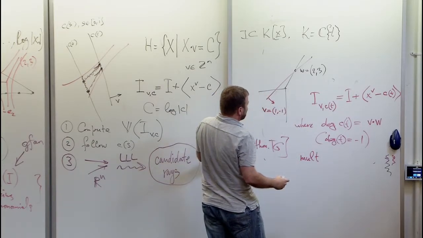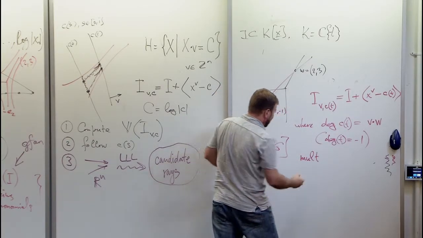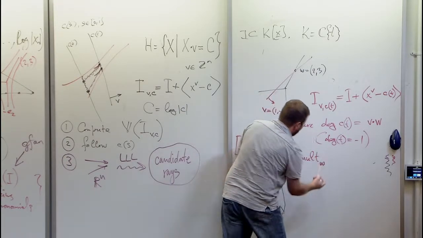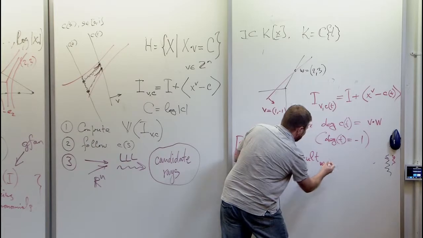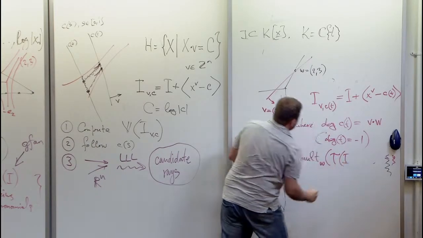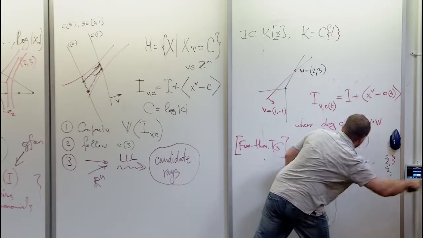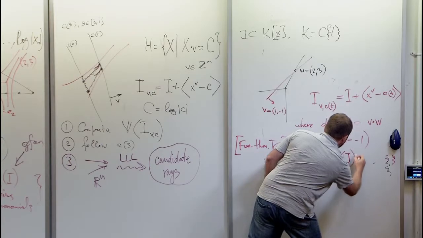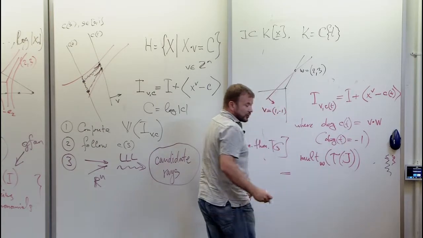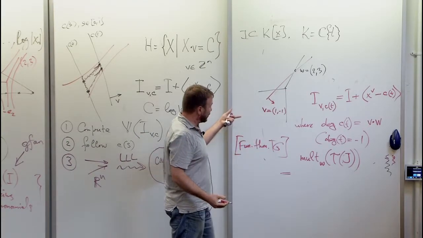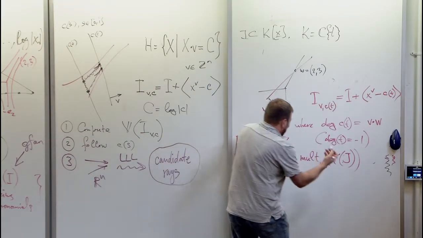If I take the solution to my ideal, so if I take w and compute the multiplicity of w in the tropicalization of, let's say, some zero-dimensional ideal J, then it is equal to the number of Puiseux series solutions to my ideal.